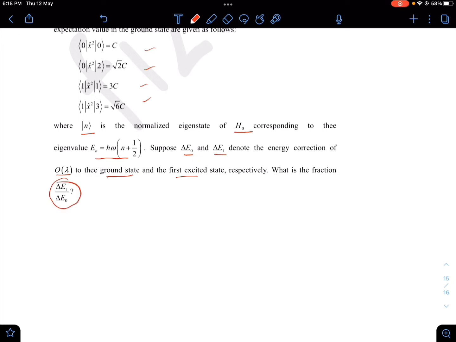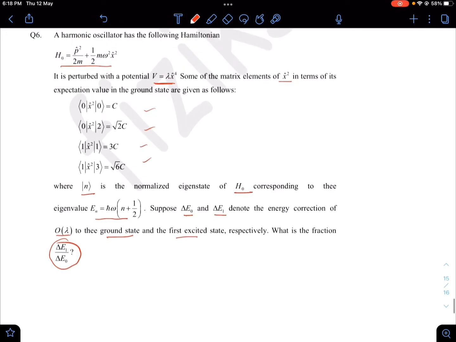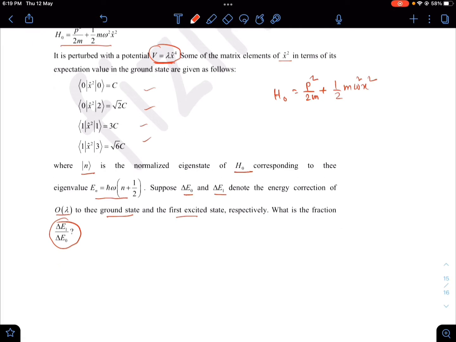So first we have to know a little bit about perturbation. If we don't have the perturbation here, that lambda x to the power 4, then we have a standard harmonic oscillator Hamiltonian, which is p square by 2m plus half m omega square x square, and it will have standard energy eigenvalues of nth excited state as n plus half.